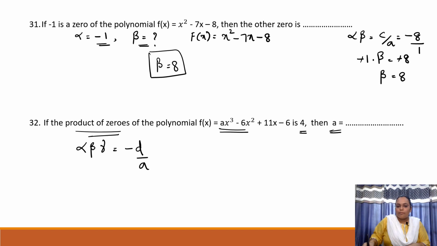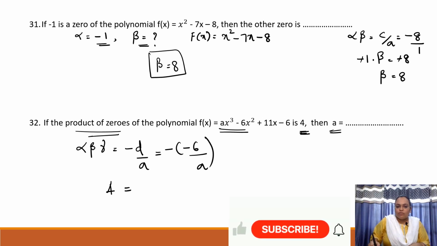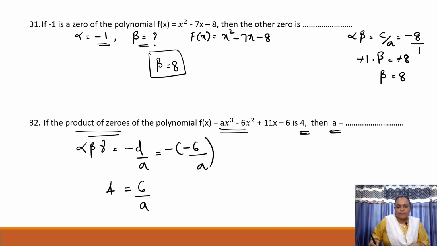From the given polynomial, d by a is minus of minus 6 by a. Correct? So, they have given that the product of zeros is nothing but 4. 4 is equal to minus of minus is plus, right? 6 by a. So, if we want a value, I will just take a is equal to 6 by 4. That will be 3 by 2. Okay. So, a is equal to 3 by 2.